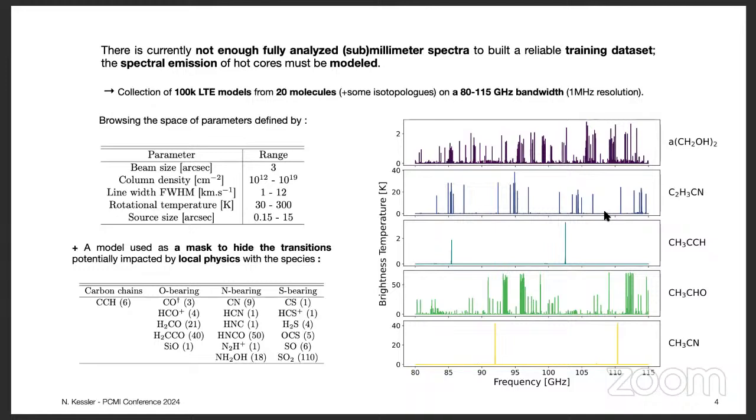We chose 20 molecules with some isotopologues in the early 3 millimeter band, going from 80 to 115 gigahertz with a 1 megahertz resolution. Among these molecules, we have small species having few transitions in the band, such as CH3CN or CH3CH, and we have the most abundant COMs detected toward hot cores, such as ethylene glycol, that can have thousands of transitions in the band.